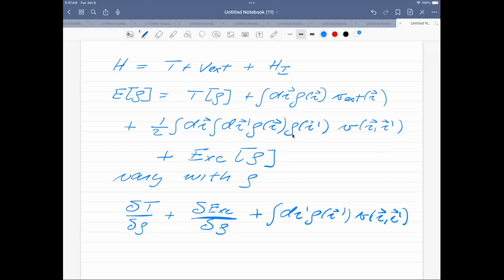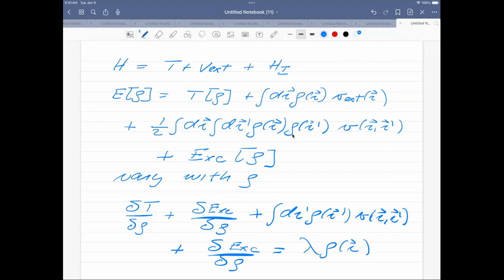Like this. And then I have my final term here, which is going to be given by delta of E exchange with respect to the density here. And this is going to be equal to a Lagrange multiplier multiplied with the density, like this. So this is now my variational calculus, which I'm applying. And this allows us to define some kind of effective potential here.